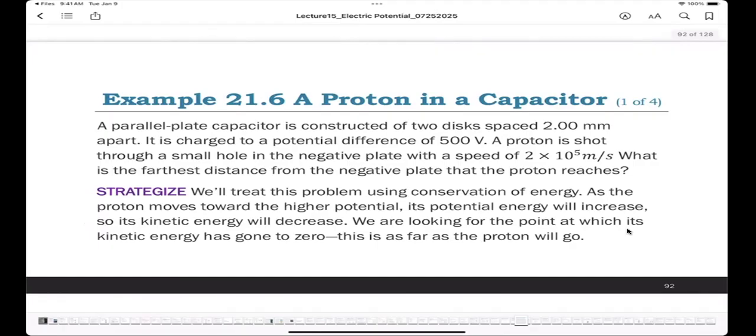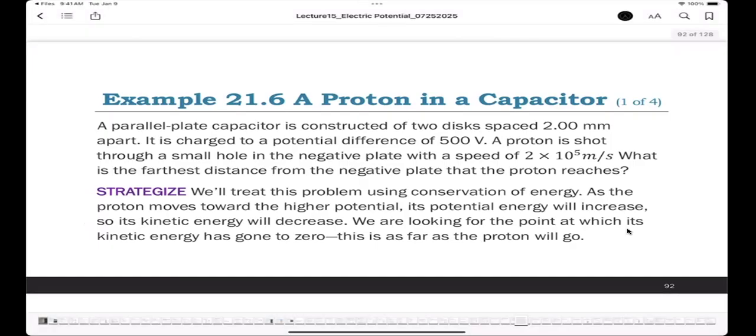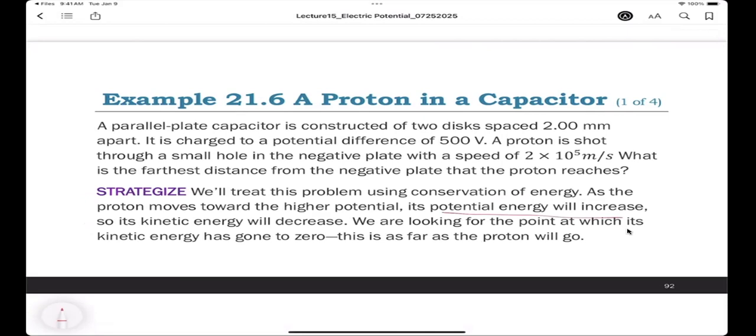Okay, we will treat this problem using conservation of energy. As the proton moves towards a higher potential, its potential energy will increase, so the kinetic energy will decrease. We are looking for the point at which its kinetic energy has gone to 0. This is as far as the proton will go.